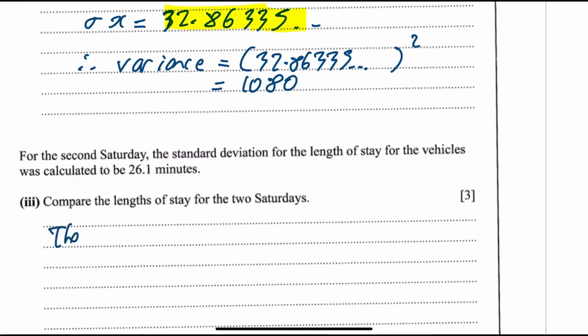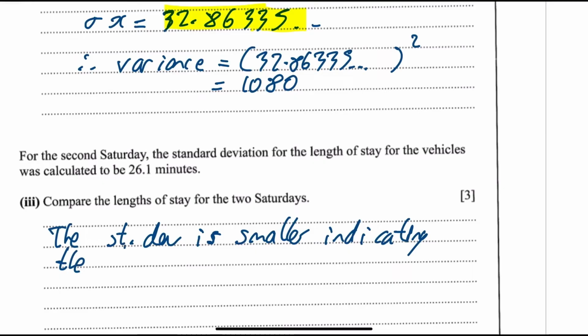The last thing we're going to do in this question: just say the standard deviation is smaller, indicating the times have less variation.